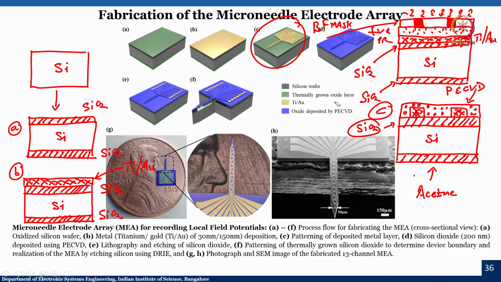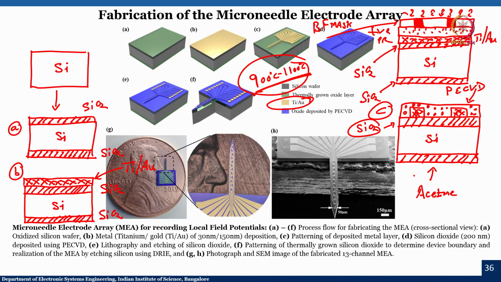The reason is that for thermally grown oxide, for thermal oxidation, we have all understood and seen that the temperature is about 900 degrees centigrade to 1100 degrees centigrade, and this is an extremely high temperature for the material which is below it. In this case it is TiAu, but if it is aluminum, nickel, or nichrome, or some other material that cannot withstand this temperature, then we cannot get our device, we cannot get the pattern, the metal will be affected.